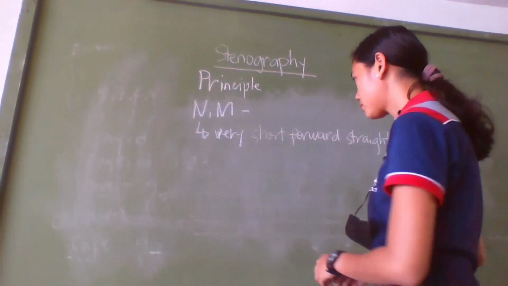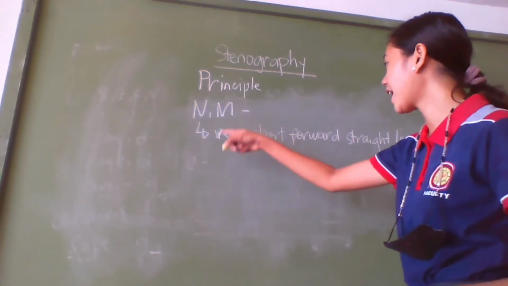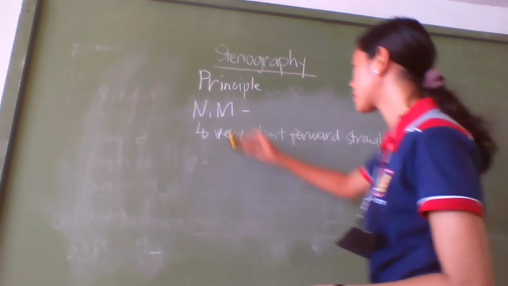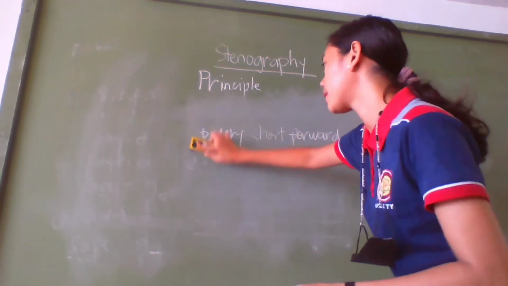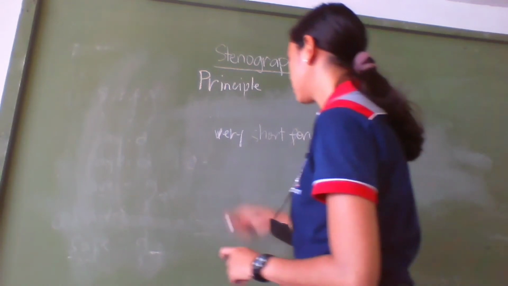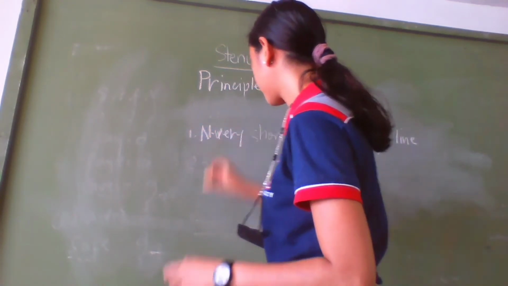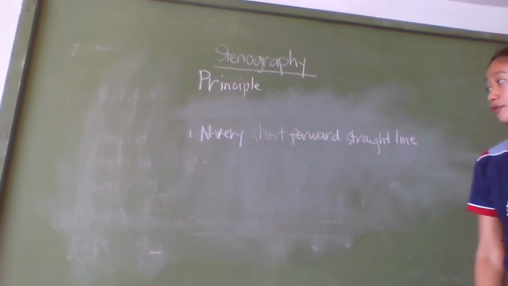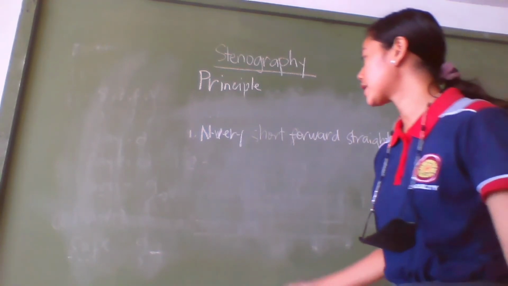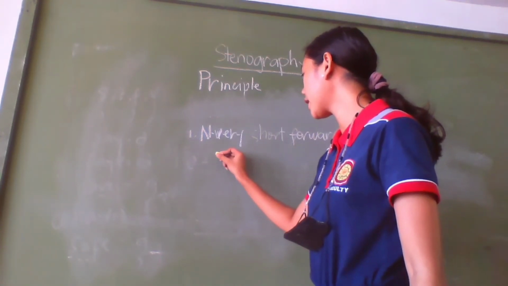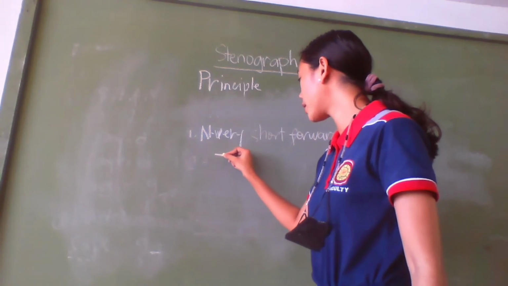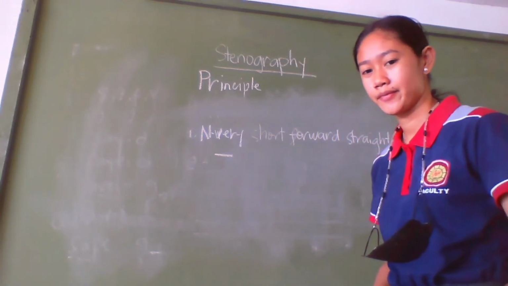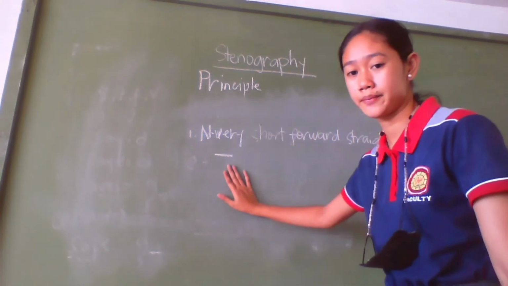Excuse me. Okay, so si N is a very short forward straight line. Isa na lang sabi ko para dili mo maliliw. So N is very short forward straight line. So, ibig sabihin, pag magsulat ang letter N, very short forward straight line. Ingana lang si letter N.